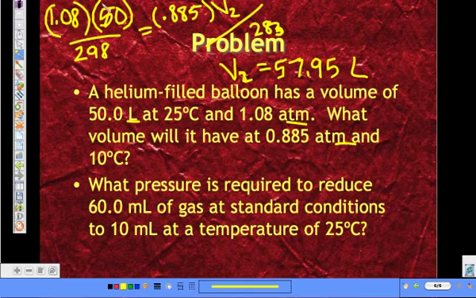How I would do it, I would solve the left side, and then multiply by 283 and then divide by 0.885.